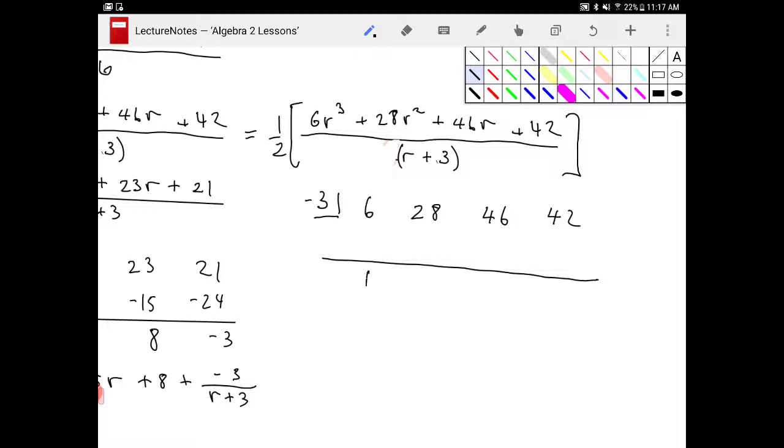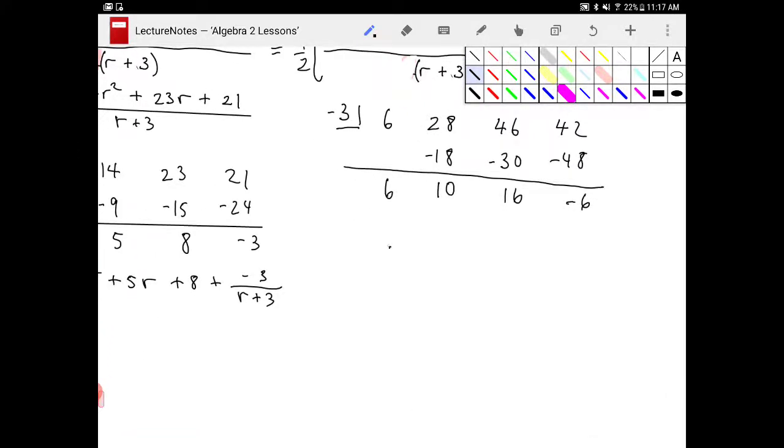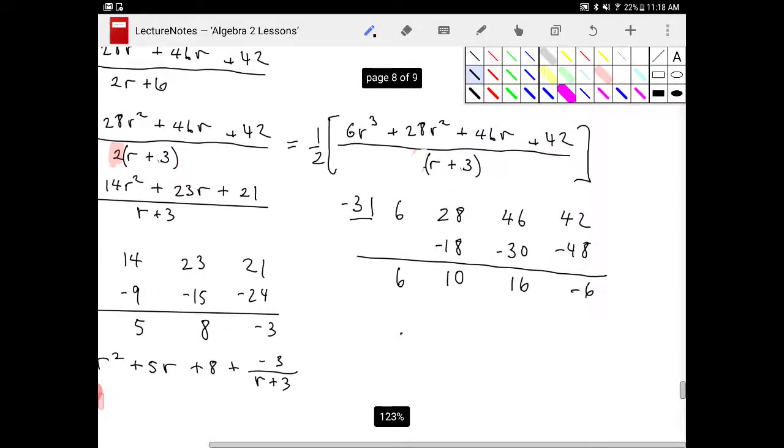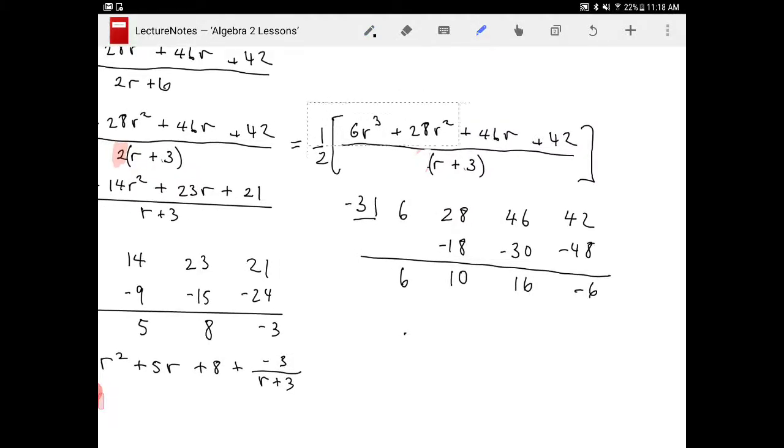We add 6. Negative 3 times 6 is negative 18. Add 28 and negative 18 together, we get positive 10. Negative 3 times 10 is negative 30. Add 46 and negative 30, we get 16. Multiply 16 and negative 3, we get negative 48. Add negative 48 with 42, we get negative 6. So our result will end up being, remember, the original problem was this guy here, right?